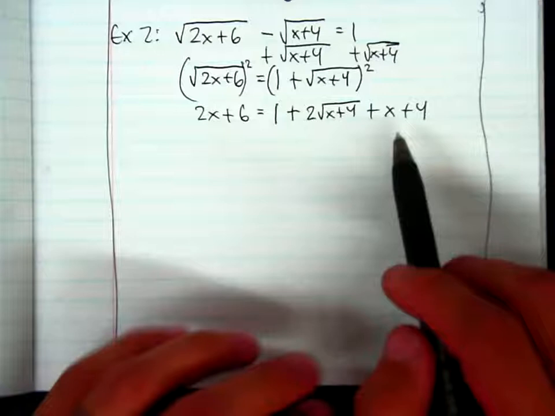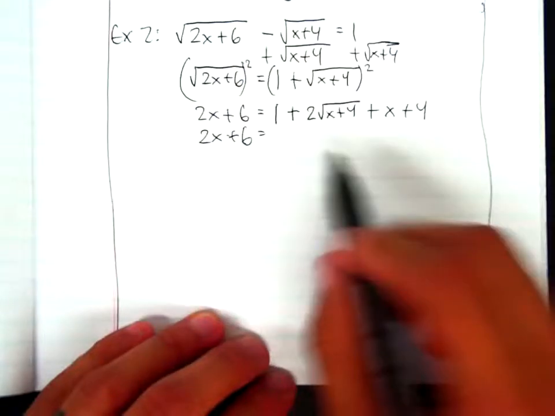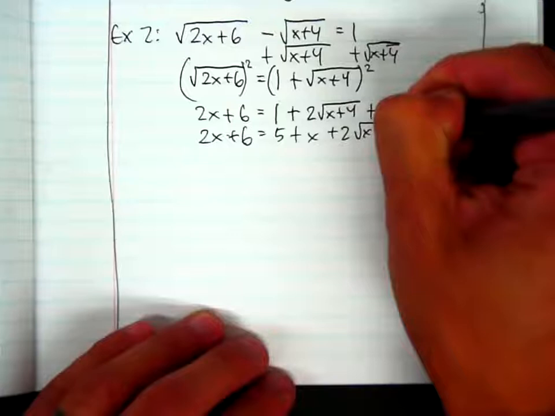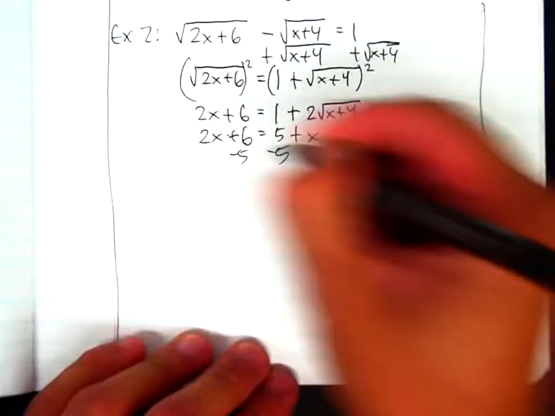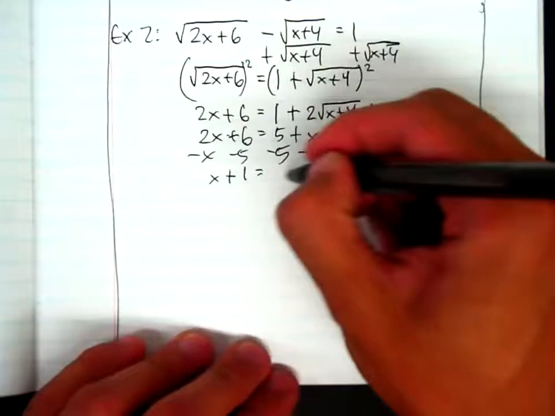So I have 2x plus 6 on one side, 1 plus 4 is 5, I still have the x, and then plus 2 radical x plus 4. I'll subtract the 5, and then I'll subtract the x as well on both sides, so I'll end up with x plus 1 equals 2 radical x plus 4.